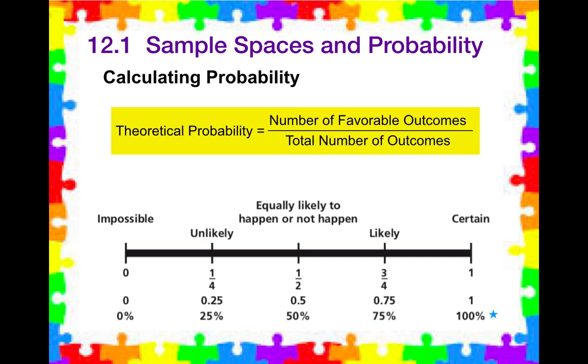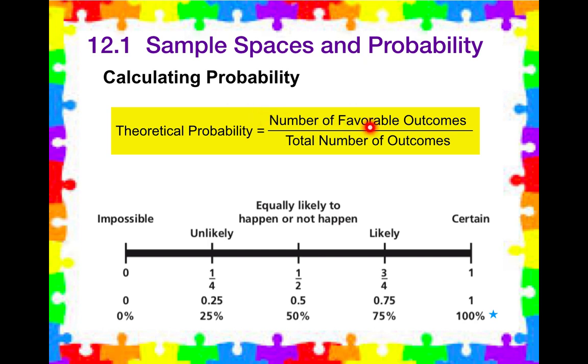Calculating probability, and this is theoretical probability, is the number of favorable outcomes over the total number of outcomes. For a favorable outcome, let's just use the lottery. The favorable outcome would be that my number gets chosen, and I have, say, 20 different quick picks.